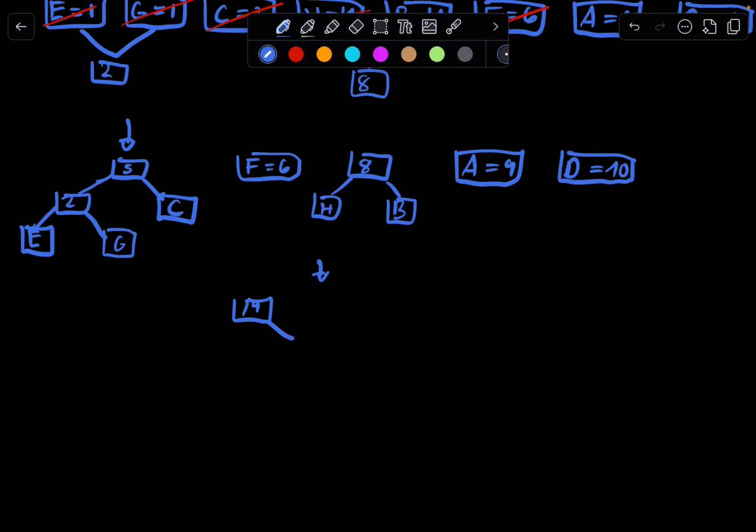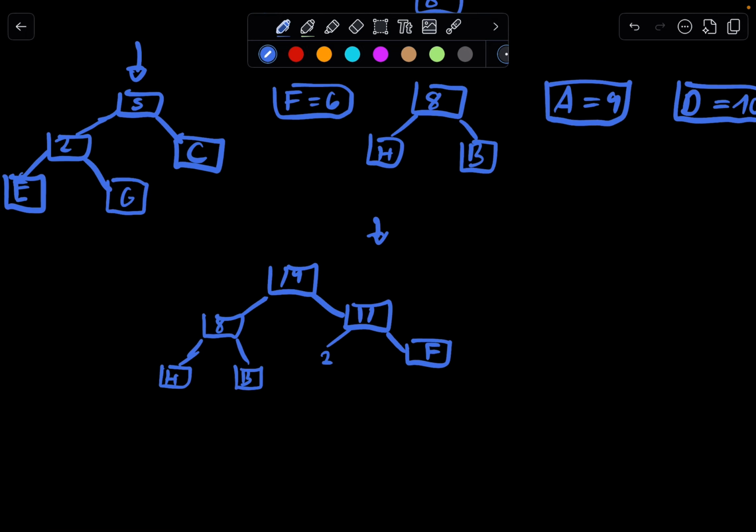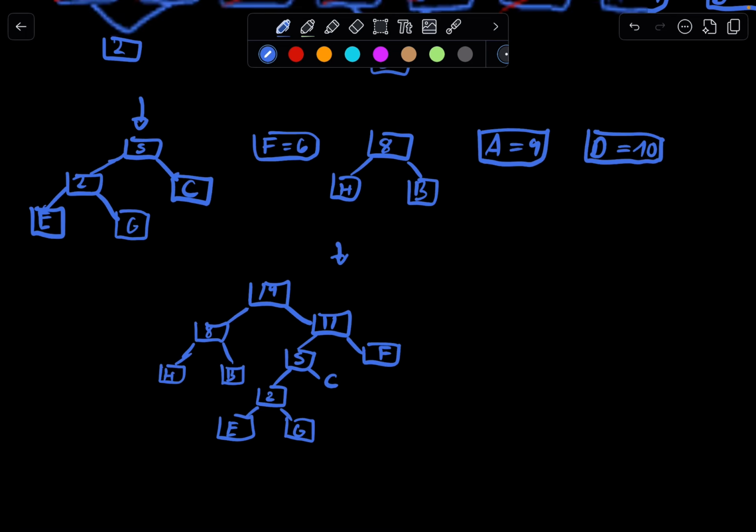It's going to be 11, and then 8. 8 has H and B. 11, what does 11 have? It's going to have F. No, 5, sorry. I'm going to have 5, which has C, which has 2, which has E and G. We have 19.